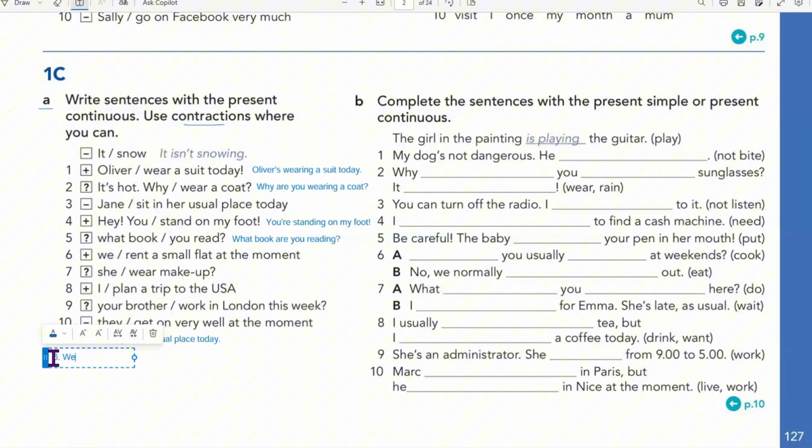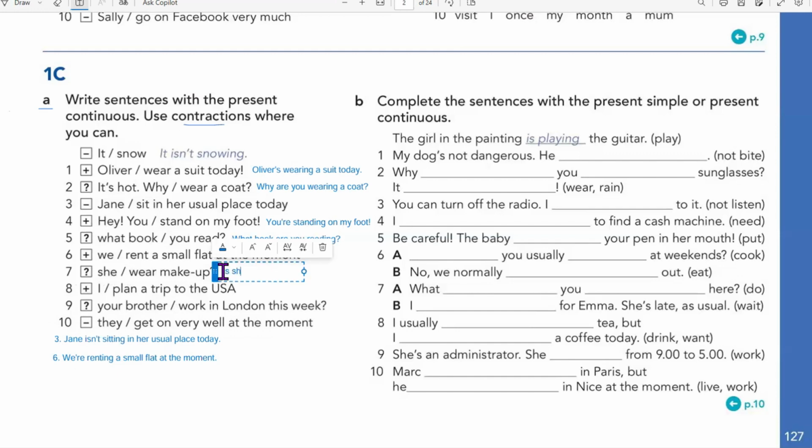We're renting a small flat at the moment. Rent is the verb. Right. Number 7, question, she wear makeup. So to make the question, is she wearing makeup? Number 8, that's a positive sentence. I plan a trip to the USA. I am planning.